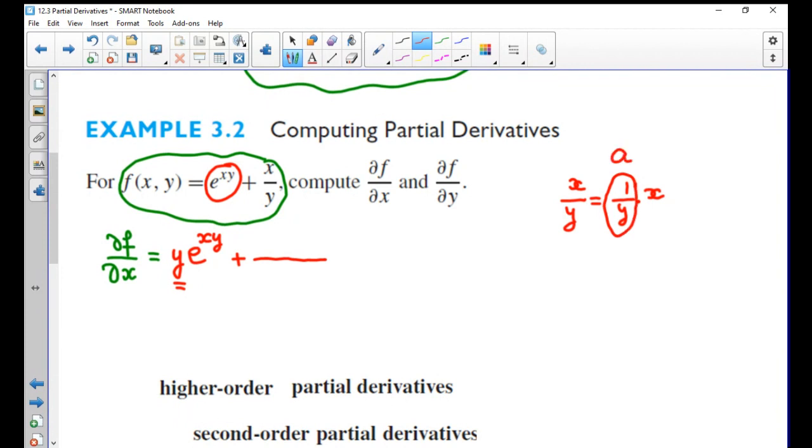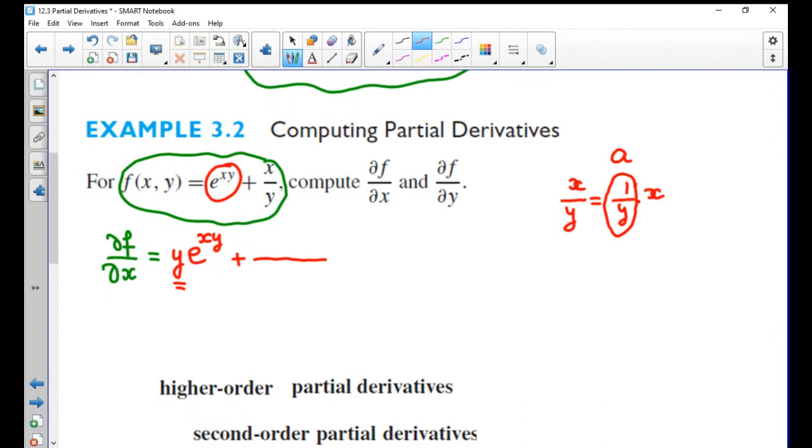Maybe some of you may not be comfortable with this, just use the quotient rule. X over y, in your head, automatically you think, oh, this is u over v. So we can use the quotient rule, no problem. Let's see what we will get.